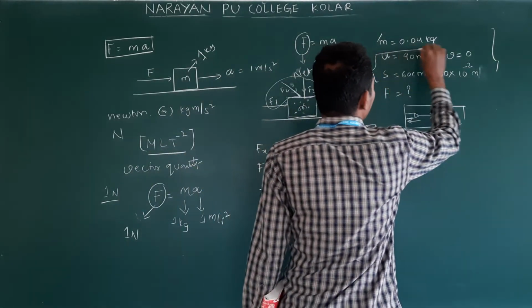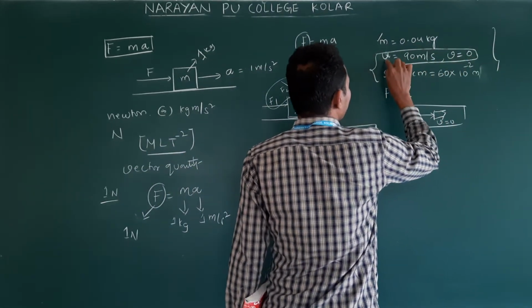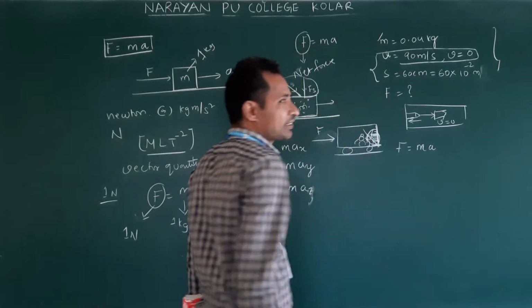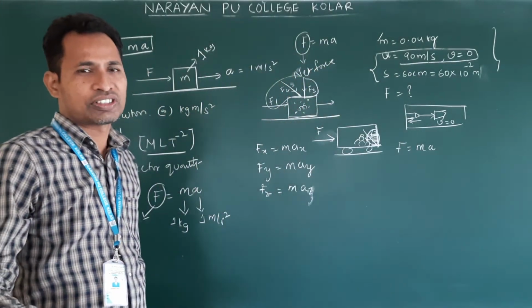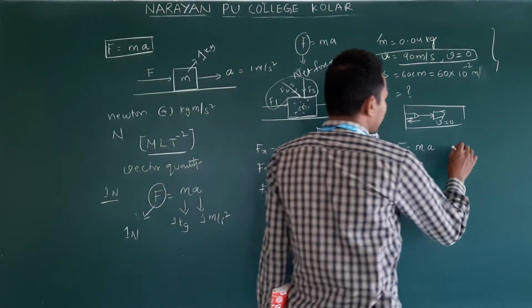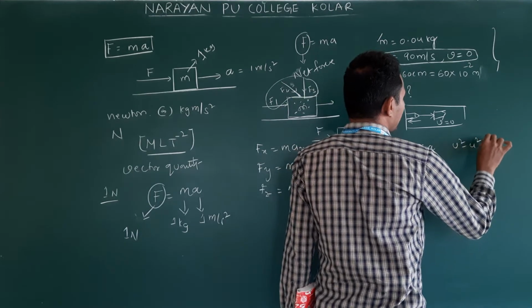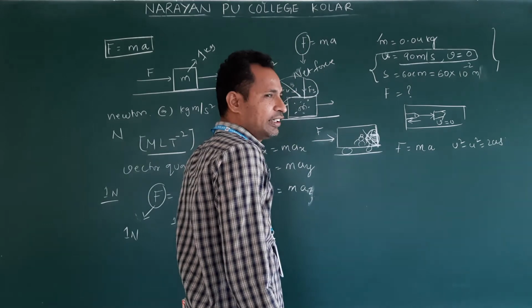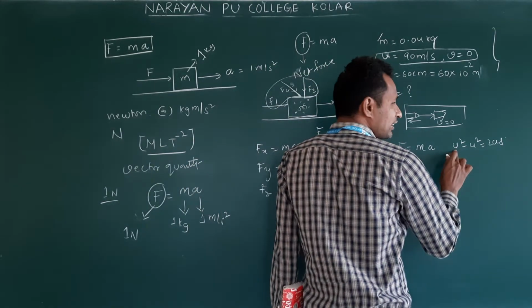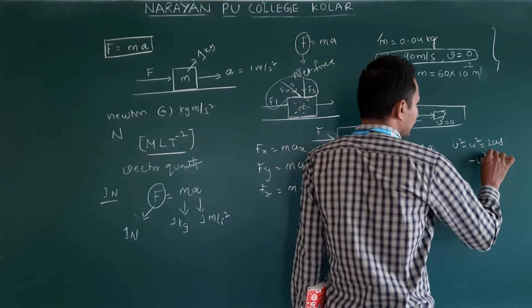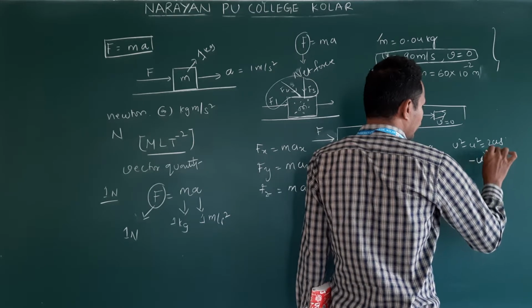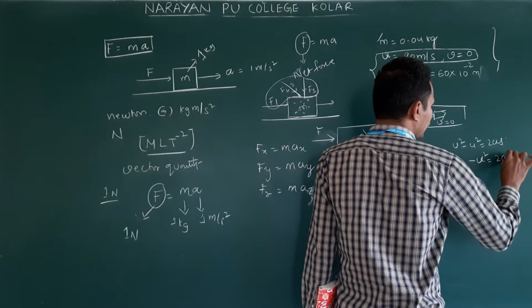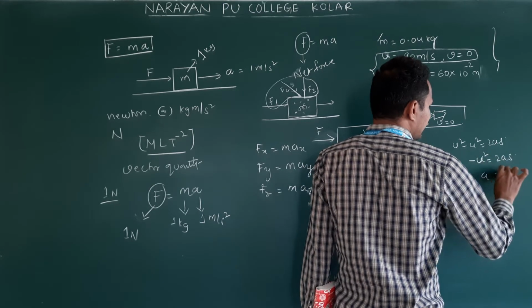Think, which equation relates this U, V and S according to straight line motion? That is V square minus U square is equal to 2AS. Yes. Clear? So final velocity is 0. So this is minus U square is equal to 2AS. Yes. A is equal to what?